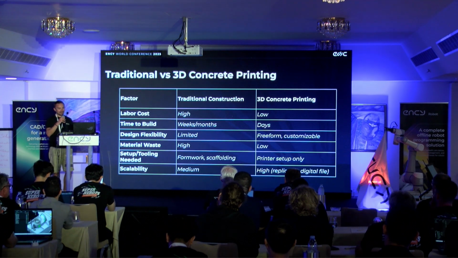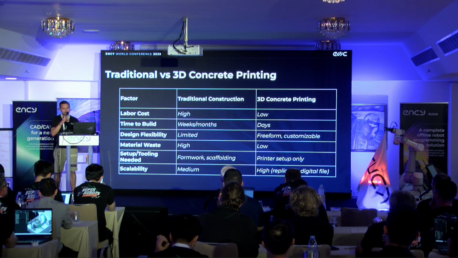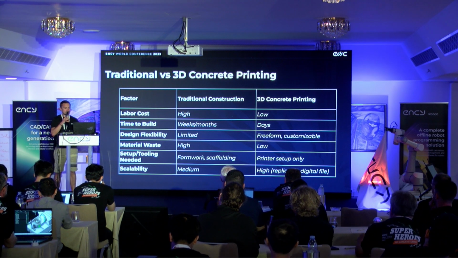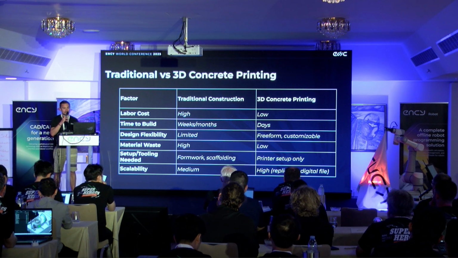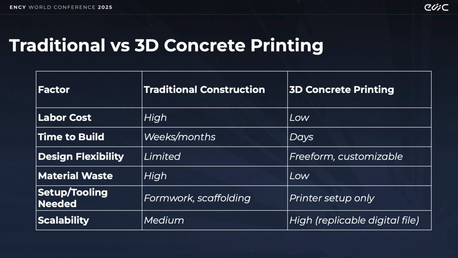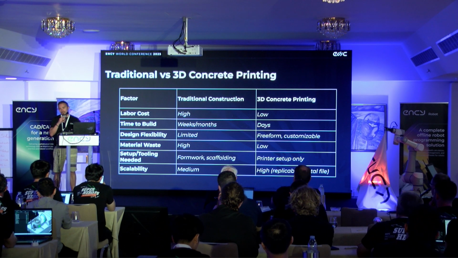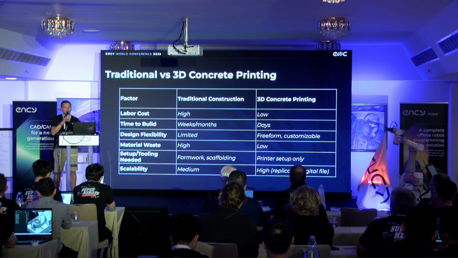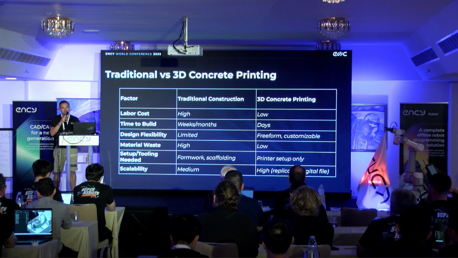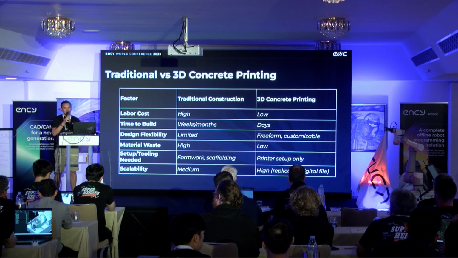Okay, a comparison between the methods. Labor costs in traditional construction are a little bit higher than in 3D printing, but it depends on the difficulty. Time to build could be days with 3D printing. Flexibility in design, because we can print practically any form.